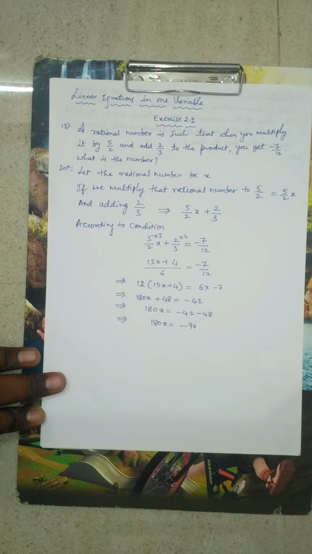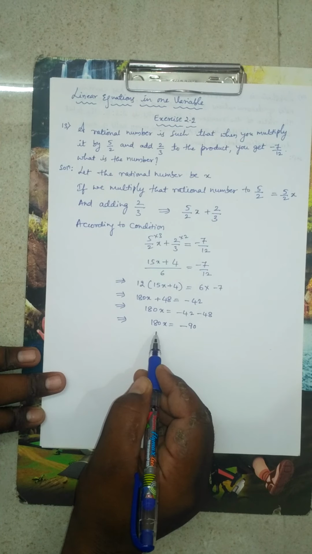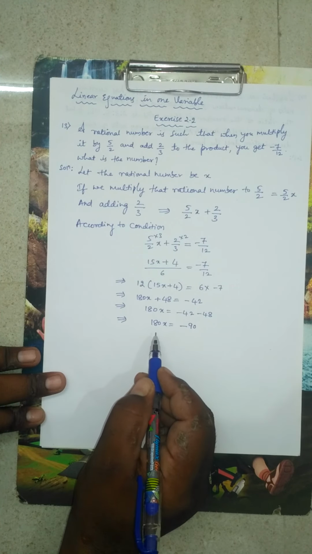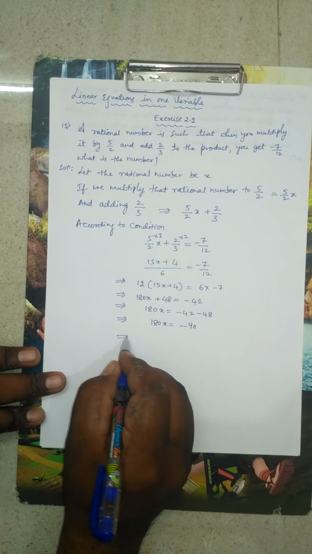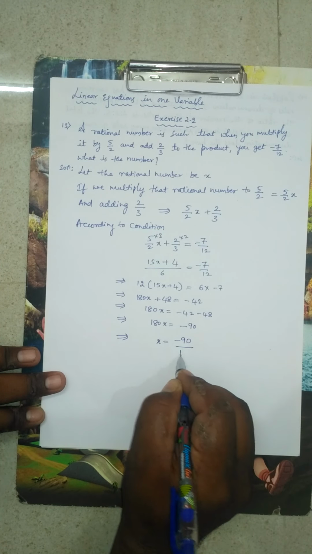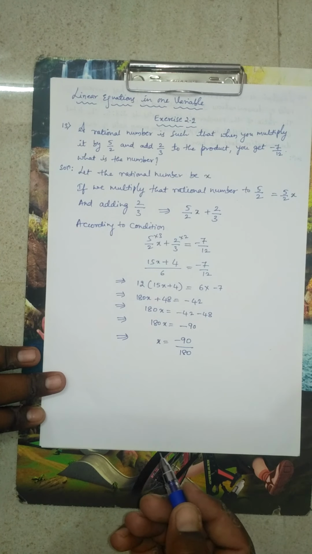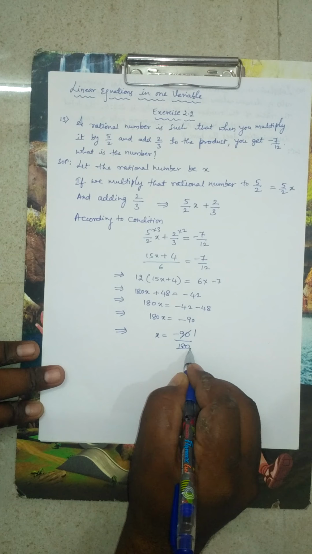Now we have to find out what is the value of x. Here along with x, 180 is in the form of multiplication. If you transpose this 180 from LHS to RHS, it will divide. So which implies x is equal to minus 90 divided by 180. This is our solution. Here we can simplify further. 90 ones are 90, 90 twos are 180.